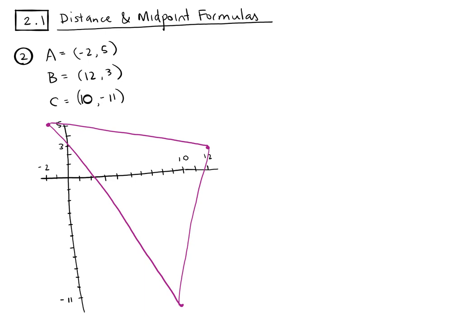It says to prove it's a right triangle. I'm going to guess that this angle here is where we're trying to prove it's right. So I want to show that these two sides, when I use them in the Pythagorean theorem, end up proving that the third side is the hypotenuse. So what we need to do is find the distance between all the points.